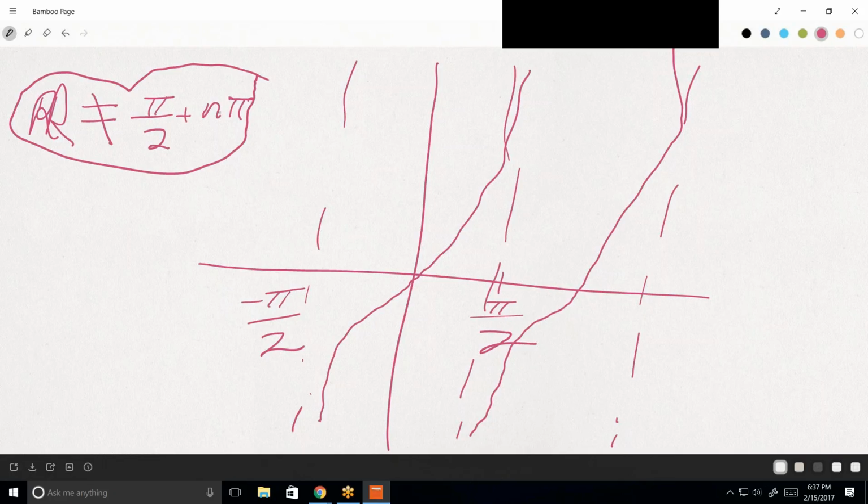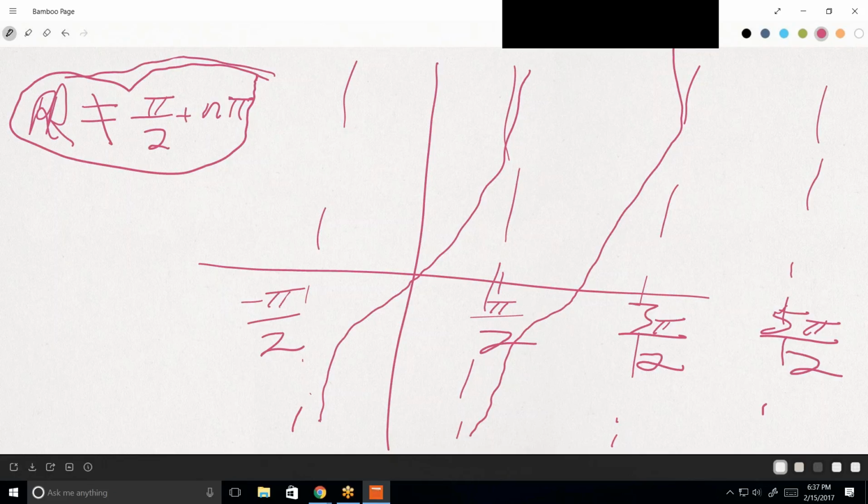When n is minus 1, it can't be minus pi over 2. When n is 2, then it can't be 5 pi over 2. In other words, this is 3 pi over 2, and the next vertical asymptote is going to come at 5 pi over 2. And so basically what this is defining is all of your vertical asymptotes. And this is the only way to define those vertical asymptotes: pi over 2 plus n pi.